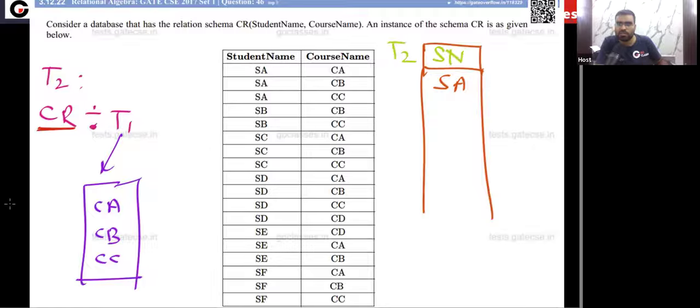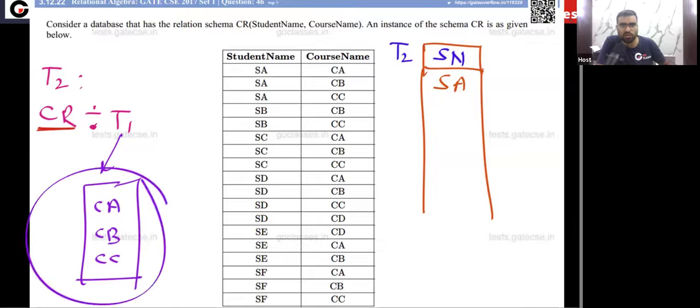This is your table T2. So student SA has taken all the courses of SA. Yes. What about SB? SB has taken CA, CB, CC. Let's check. SB has not taken all these courses.